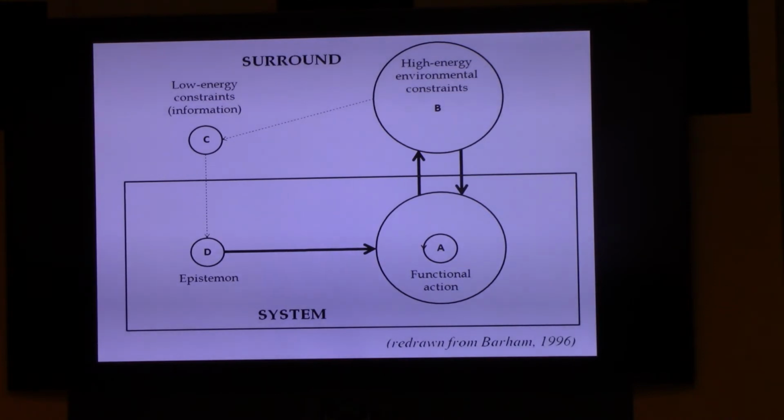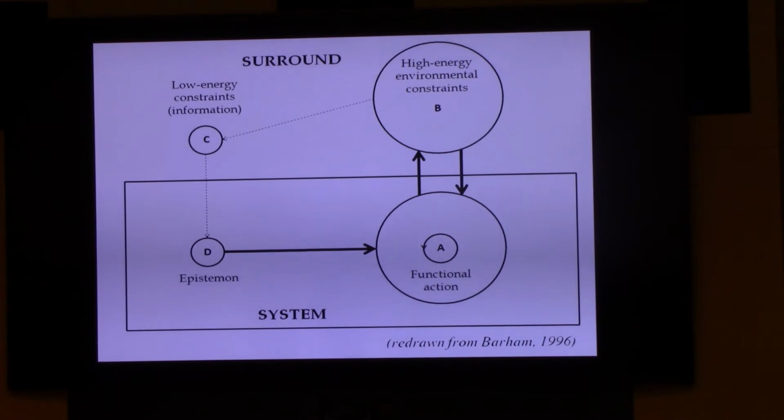So we have 4 elements in this model within a system, a meta system, a larger system that includes a smaller system and its surround. The environment and the organism is what he's getting at here. I'm going to go through this model element by element and build it up. So if you can, best you can, keep this in your head.